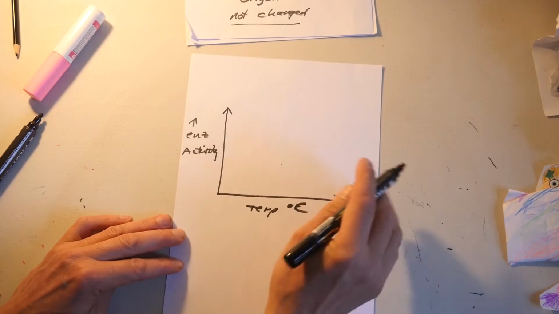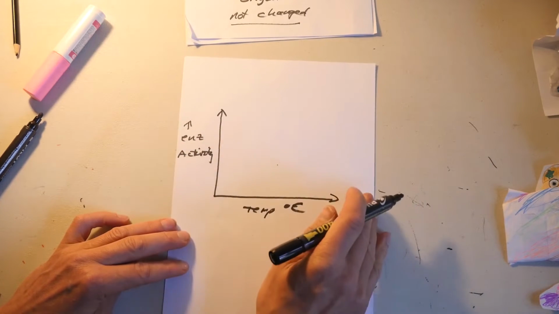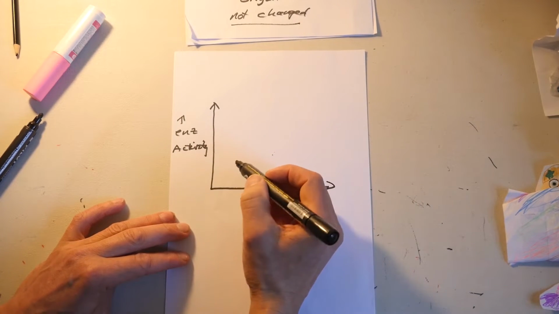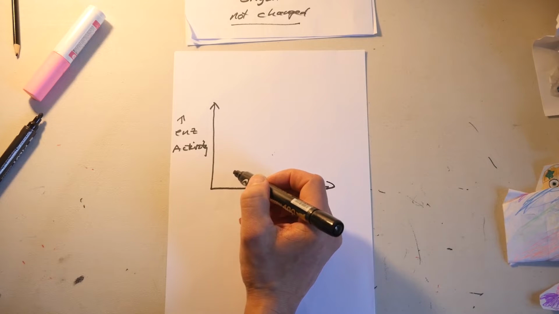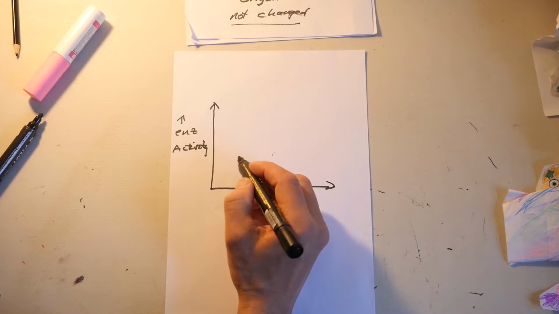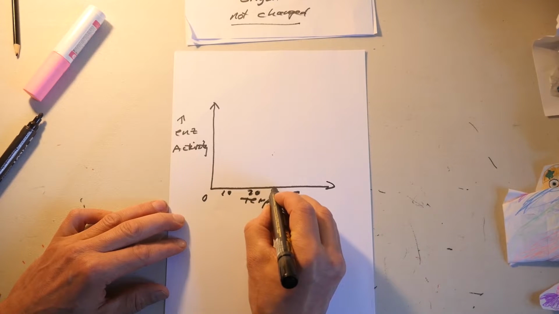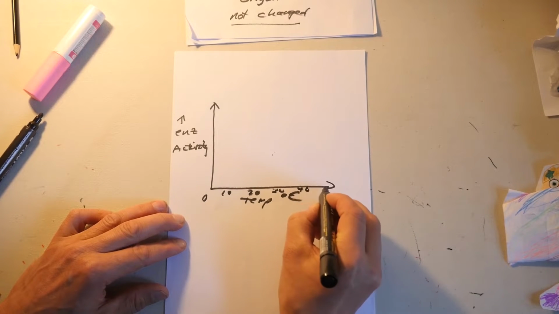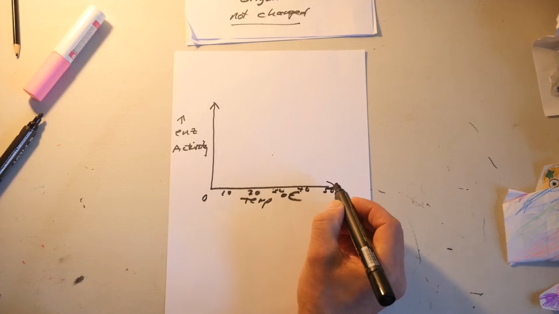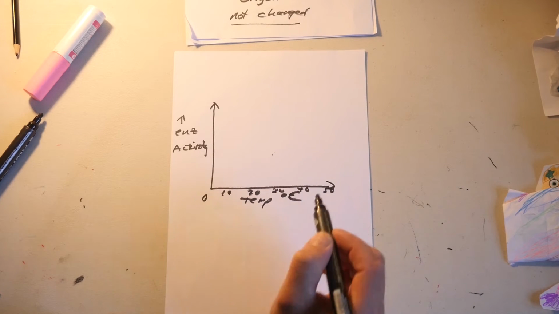So a typical for temperature, you might have 0, maybe 10, 20, 30, 40, 50, okay?